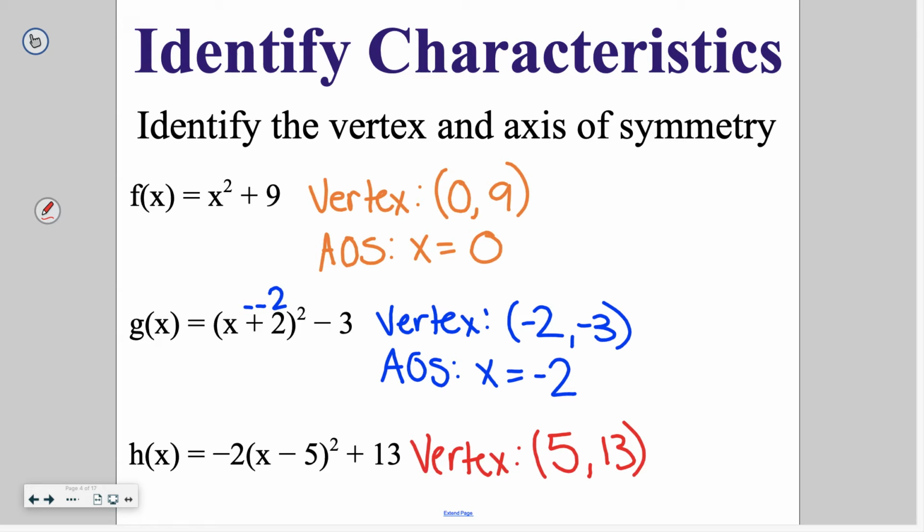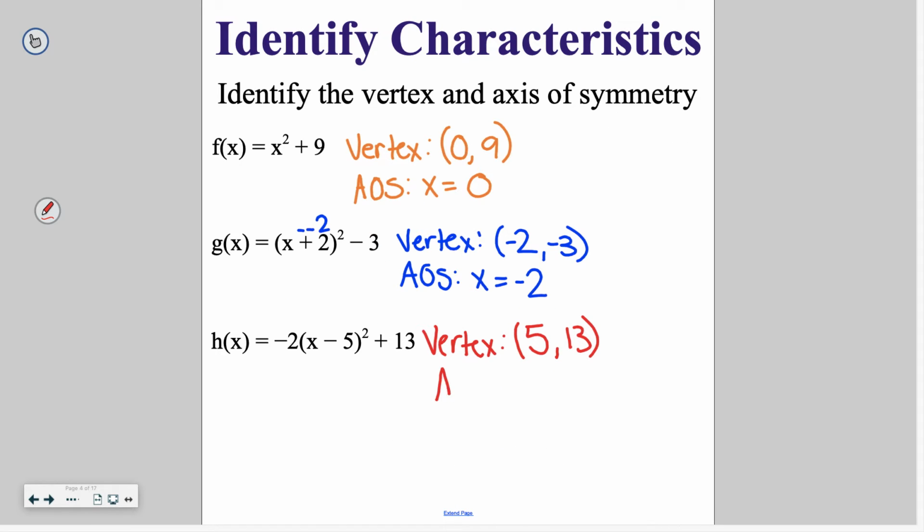My axis of symmetry then is going to be at that x coordinate of 5. Notice this a value has no effect on the vertex or the axis of symmetry. This is only responsible for if the graph gets wider or narrower and whether it flips up and down. It does not affect these two central points of our graph.